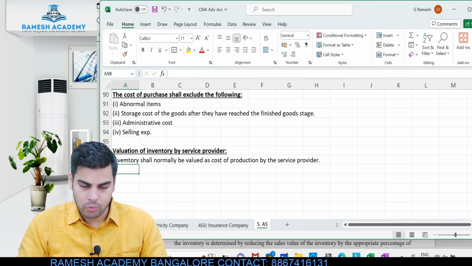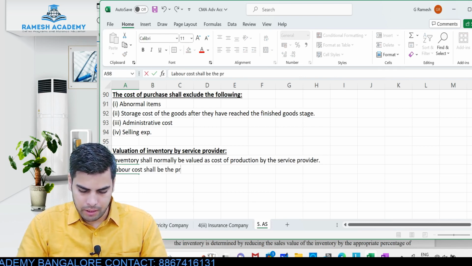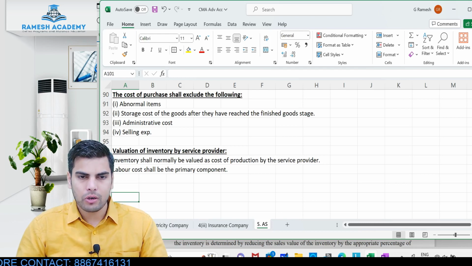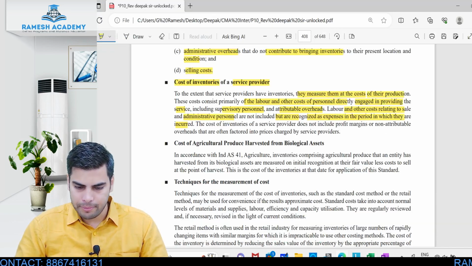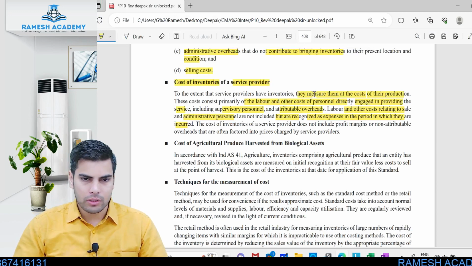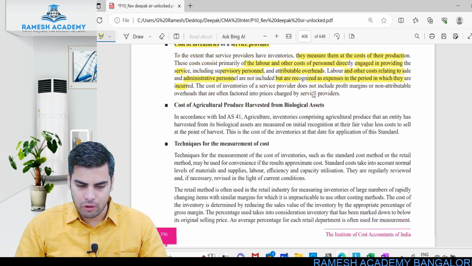Okay, so labor costs shall be the primary component. Whether it is the labor cost which is paid to the supervisors or personnel who is directly engaged in providing the service, that will be forming part of this particular cost of inventory. Administrative and selling expenses do not form part of cost of inventory.